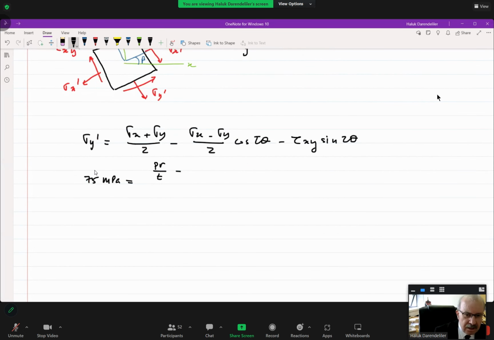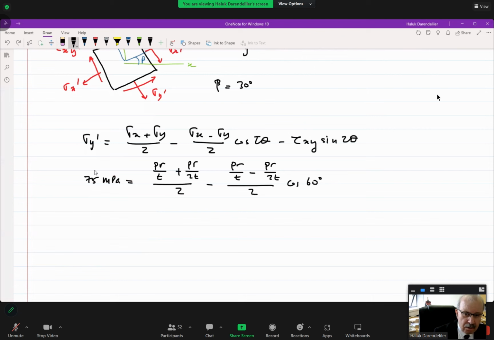Sigma y is equal to (PR over 2t) over 2 plus (PR over t minus PR over 2t) over 2 times cosine 60 degrees, because beta is given as 30 degrees, and plus 0, or minus 0, whatever.